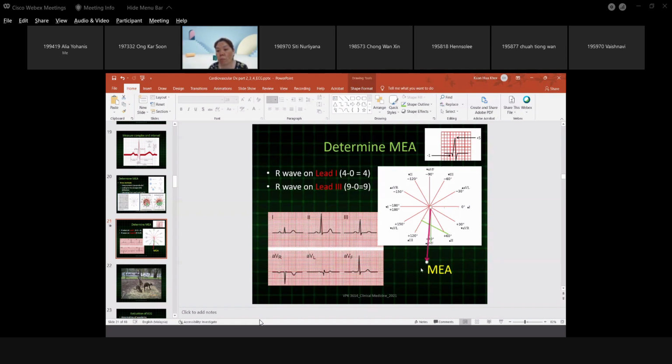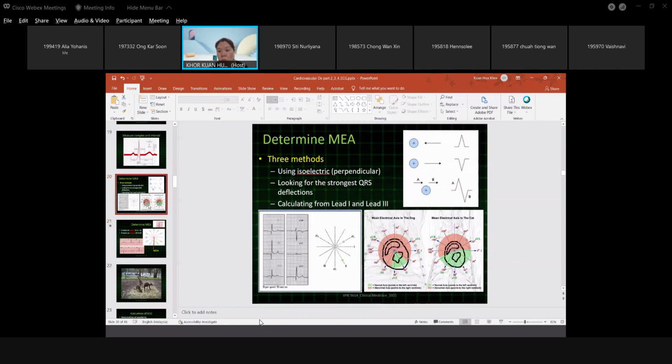What this means is right axis deviation, the mean electrical axis to the right. So in dogs, let's say if you did the calculation, and maybe the P wave is negatively deflected, the line will come over here.